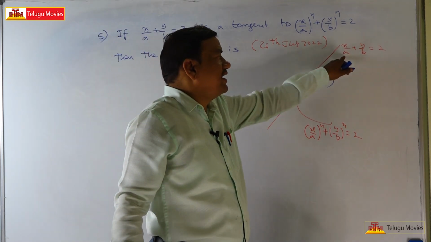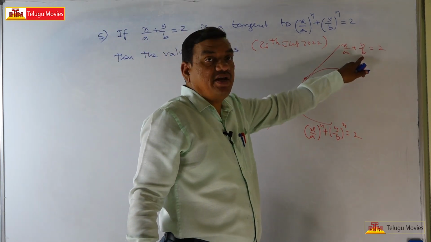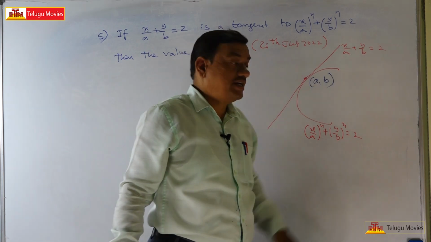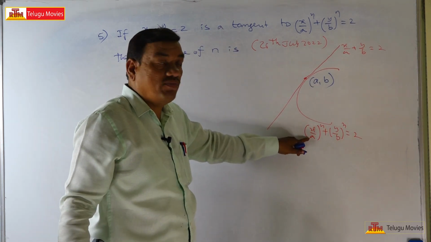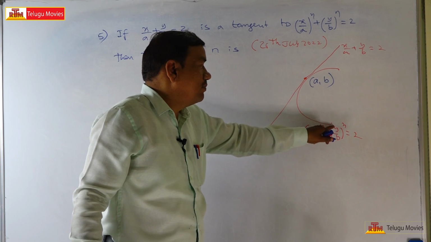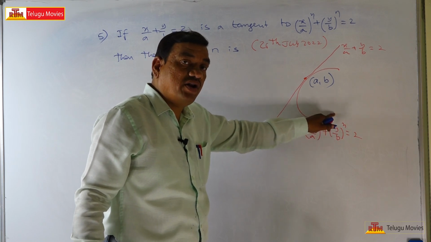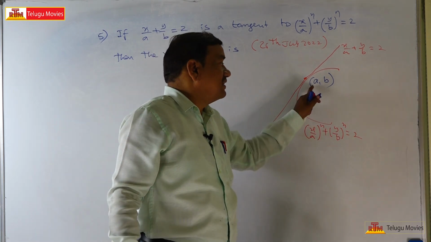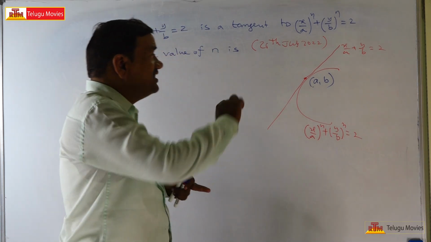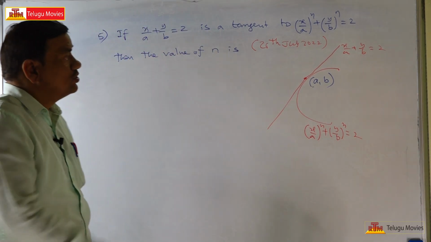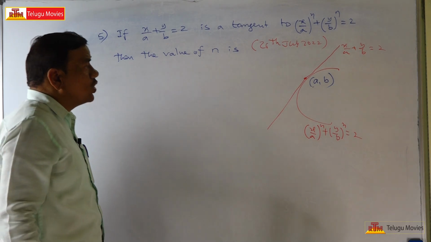Substitute here: a/a is 1, b/b is 1, 1 plus 1 is 2. Here also, 1 to the power n is 1, plus 1, so 2. That means the point (a, b) satisfies both equations.